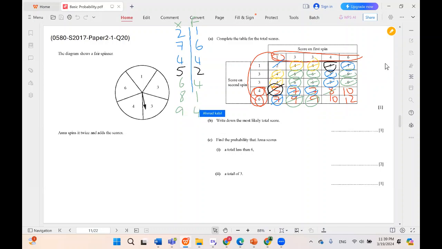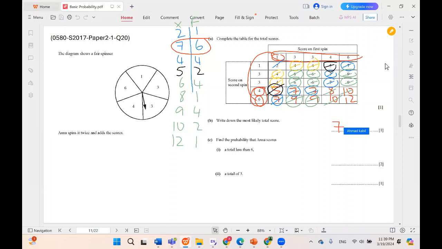And for number 10, we saw that twice. And for number 12, we saw that only once. Of course, we didn't have to go through all of this. Midway through, you must have realized that the most frequently occurring number is the number 7. So the most likely score here is 7.